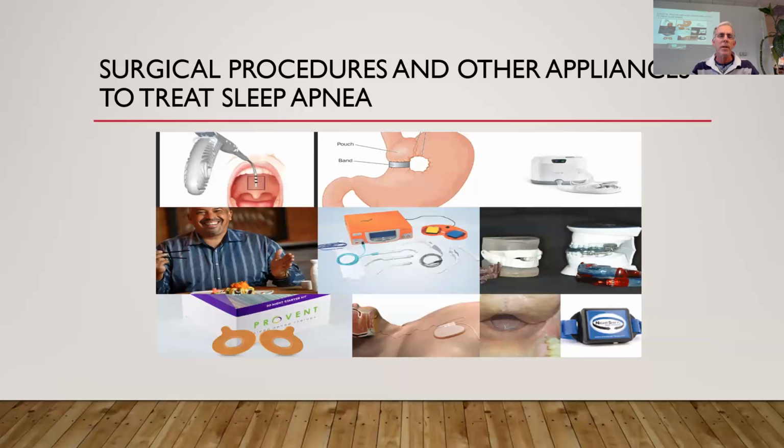Or there's this device here that gets implanted in the upper chest and has a few leads that go to the tongue. When it's detected that those muscles aren't moving, the leads send another signal back to move the tongue. It's done with an impulse like that.